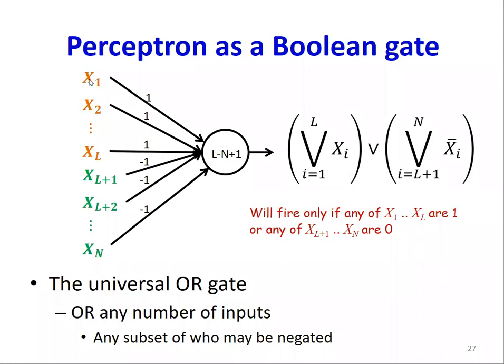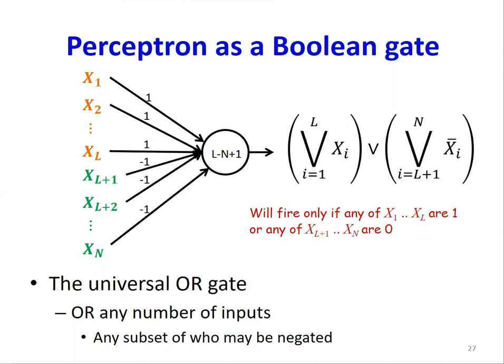So look at this. There are L of these red guys, so there are N minus L of these green guys, correct? So if the green guys are all 1 and the red guys are all 0, then because the weight is minus 1, you're going to get L minus N as the total input coming in, right? That is the only condition under which it won't fire.